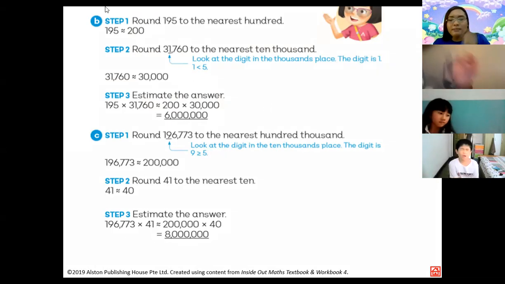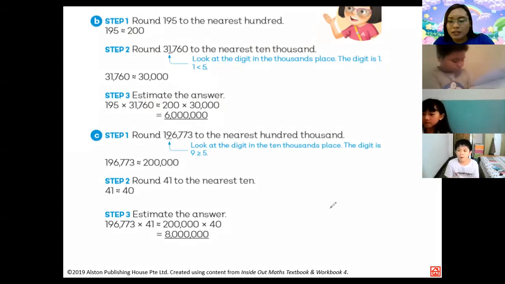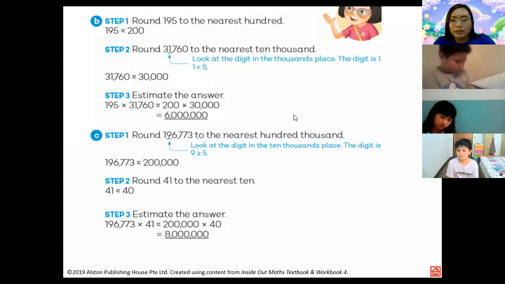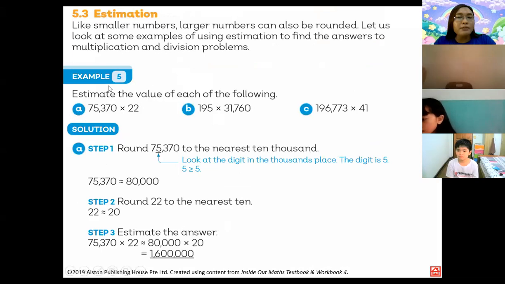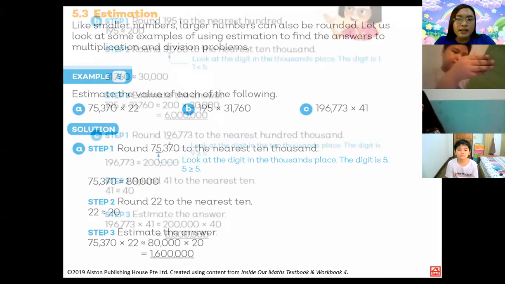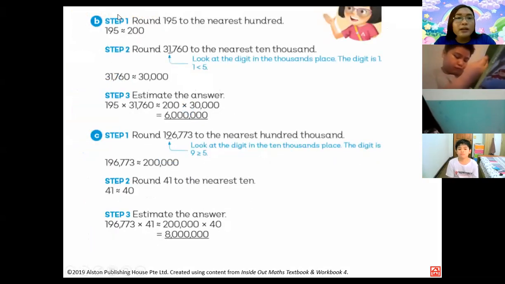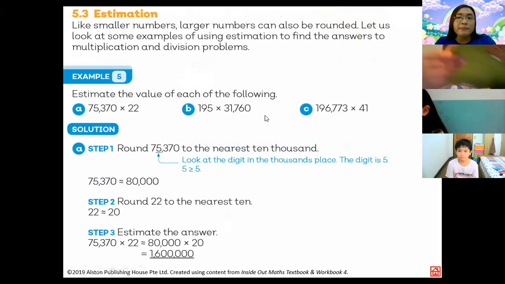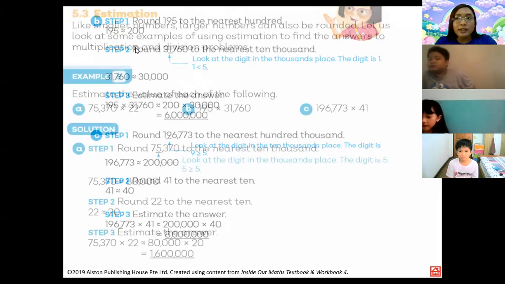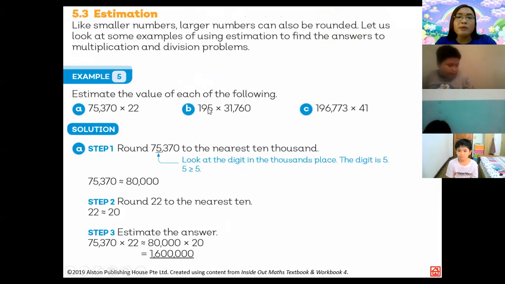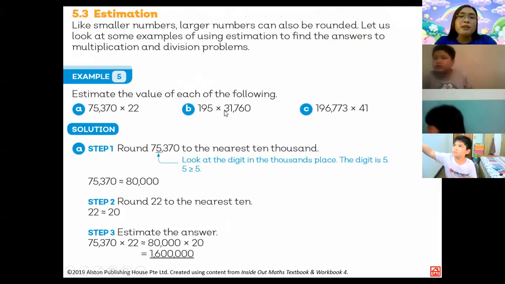Last time, class, we already discussed example number 5, letter A. So today we will discuss example number 5, letter B. That's going to be 195 times 31,760.